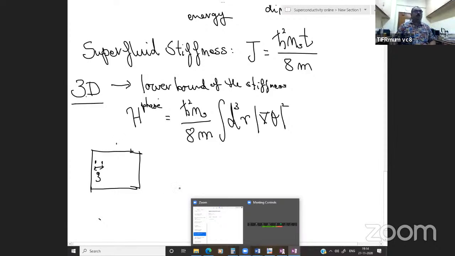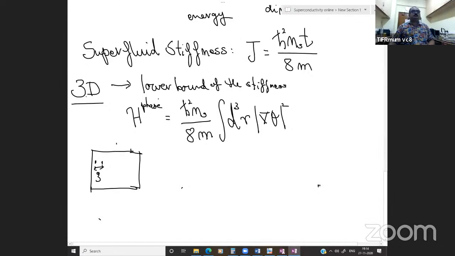So therefore, what I will do is take the superfluid stiffness in 3D as this prefactor here multiplied by the coherence length.